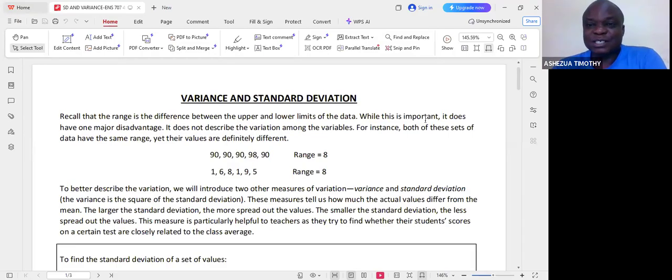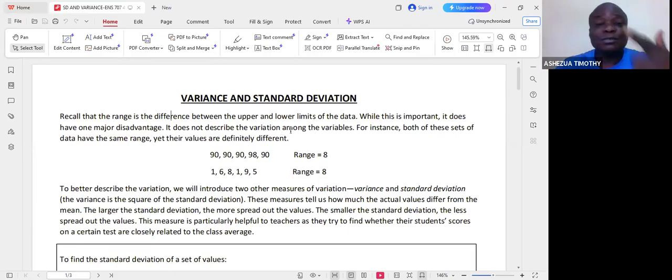So why is this important? It does have one major disadvantage. It does not describe the variation among the variables.